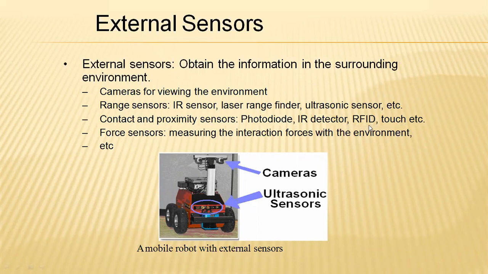By that, the difference can be identified. So this vehicle belongs to that particular registration, and presently where that particular vehicle is. Coming to force sensors, measuring the interaction forces within the environment.